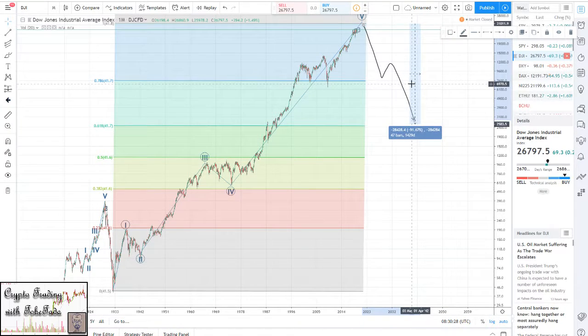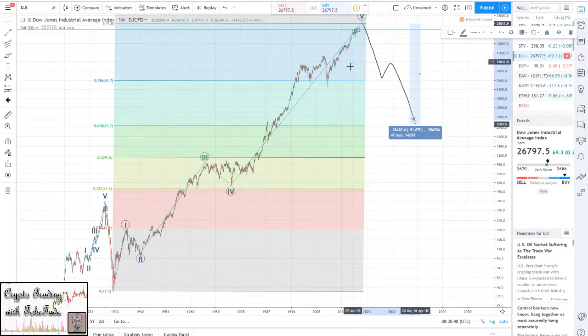So if there is some chance of repetition here, I think we could see a big correction, we could see a price range of 2,500 to 7,500, something like that.